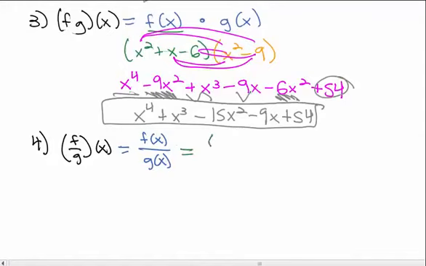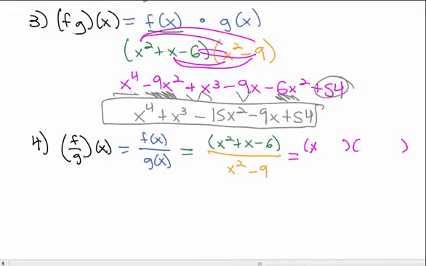So f of x, again, we said was x squared plus x minus 6. And then we divide, put it over the g of x function, which we know is x squared minus 9. Now, you remember from our previous unit when we were simplifying rational expressions, before we do any reducing, we have to factor the numerator and denominator.